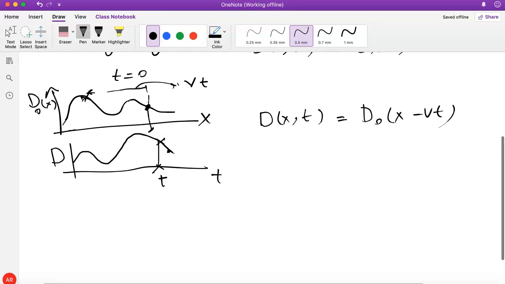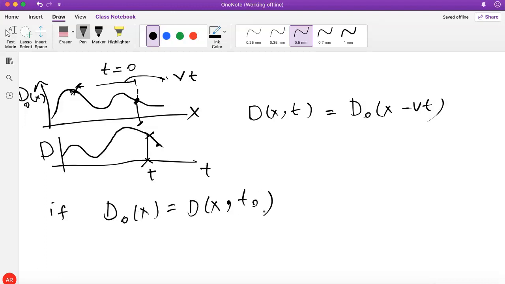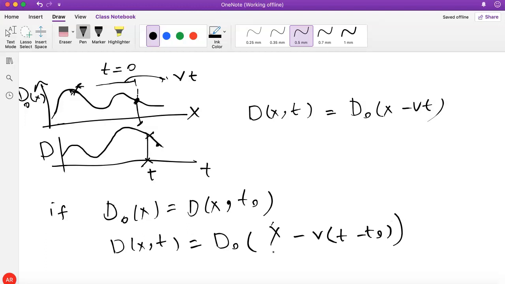If that's not t equals 0, let's say that's some arbitrary time t0, and d0 of x is d of x at that given time, well, it's just the same story, except we have to think about the time that has passed since that time. So d of x and t simply becomes d0 of x minus v times t minus t0, the time that has passed.